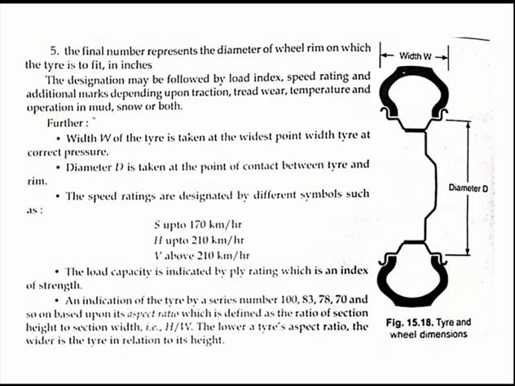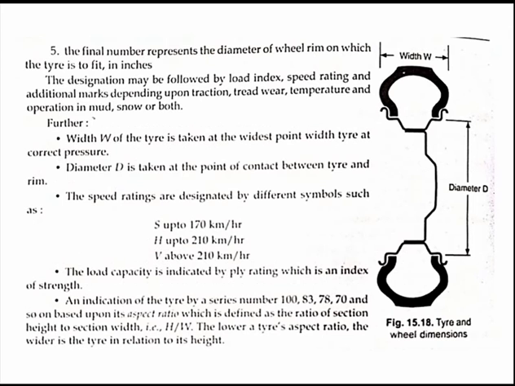Now the load capacity is indicated by the ply rating, which is an index of the strength. Some speed ratings are also provided: S resembles up to 170 km per hour, H is up to 210 km per hour, and V is above 210 km per hour.